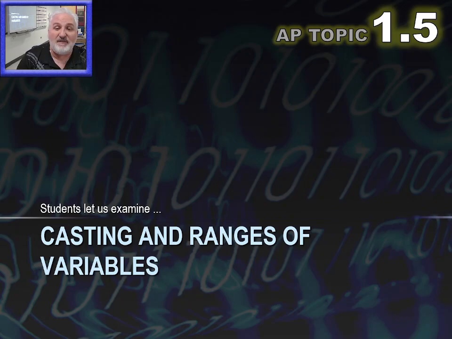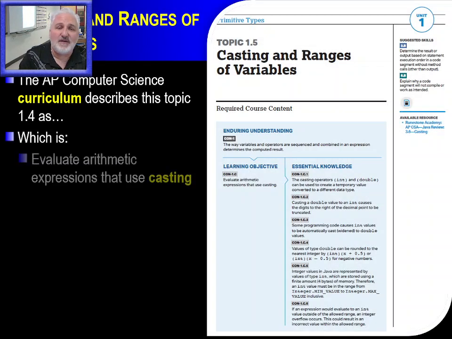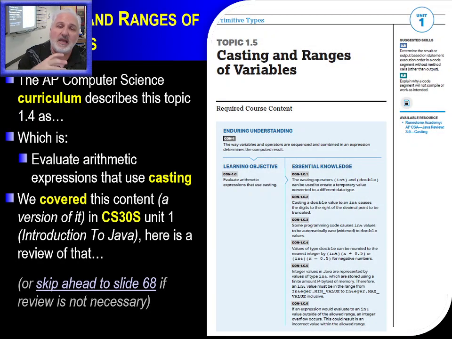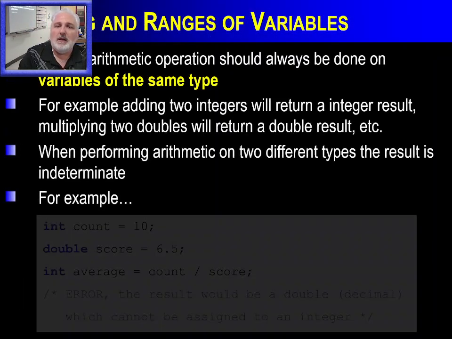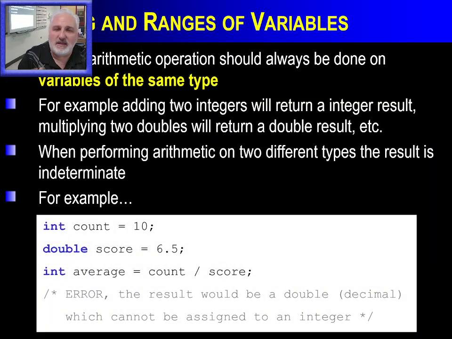Moving on to 1.5, casting. The casting of values is described as expressions that use casting. So the simple answer for casting is converting one data type to another. Most specifically, this is done with numeric types. Okay? So this is when you're working with two types, a double, say, and an integer. Will the result of doing arithmetic with that result in a double or result in an integer?